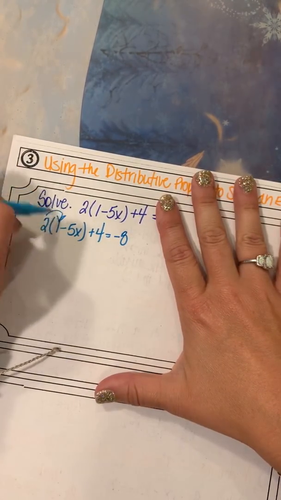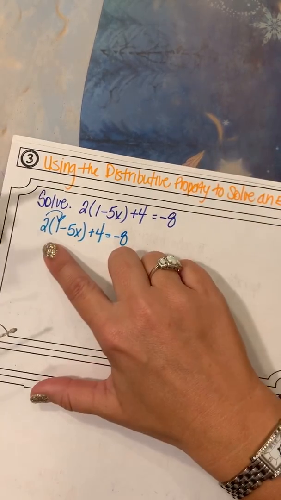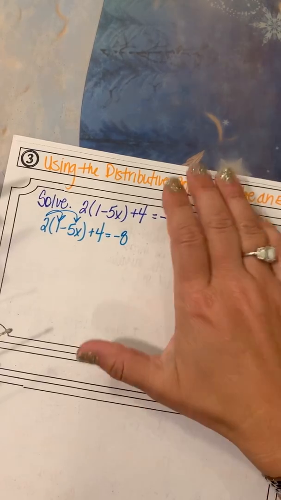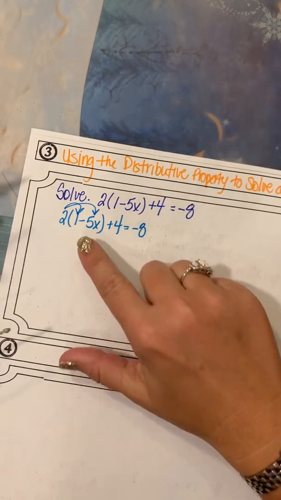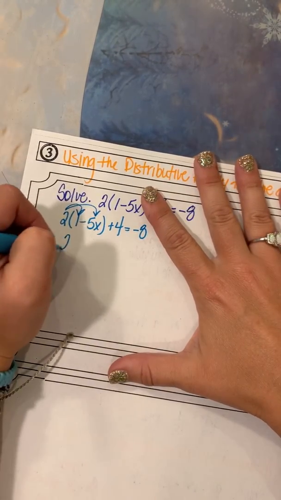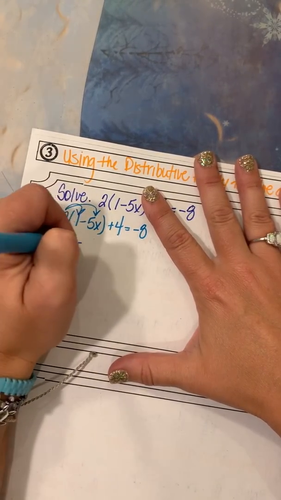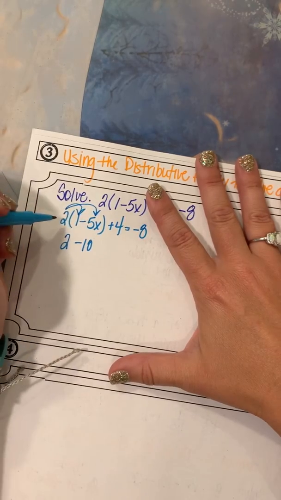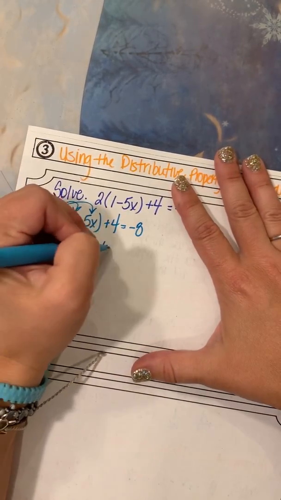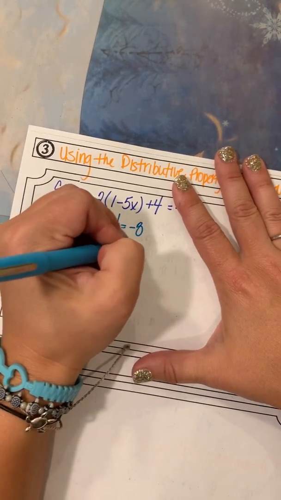So this 2 is going to get distributed to the 1 as well as that 5x there, or negative 5x if you want to think of it as having the sign in front of it. So 2 times 1 is 2. 2 times negative 5x would give me negative 10x, plus 4 equals negative 8.